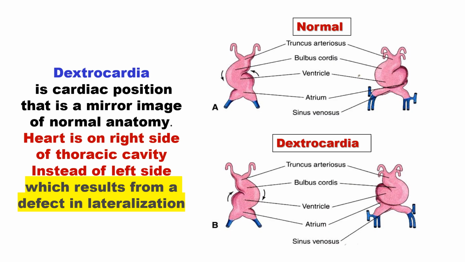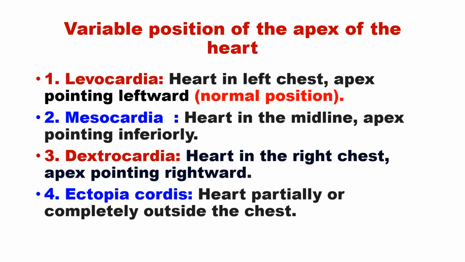Dextrocardia is a cardiac position that is a mirror image of normal anatomy. The heart is on the right side of the thoracic cavity instead of the left, which is mainly the result of a defect in lateralization. Variable position of the apex of the heart: Levocardia, the heart is on the left side of the chest, apex pointing leftward.